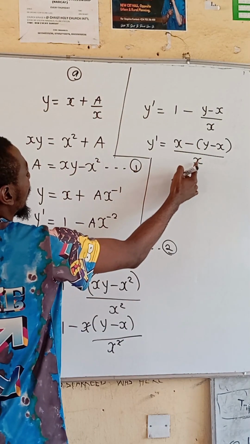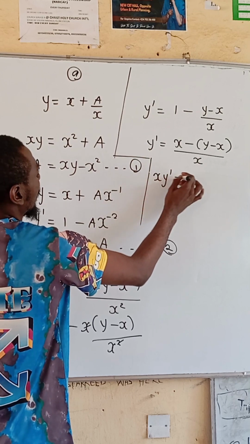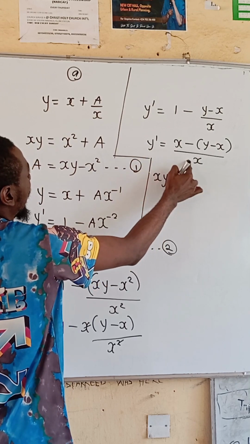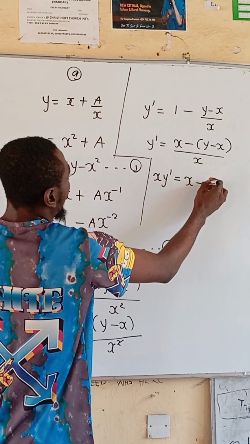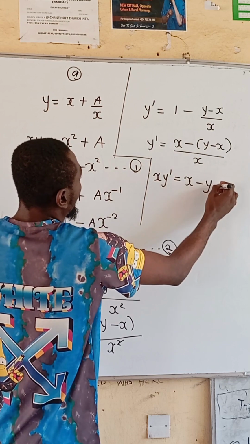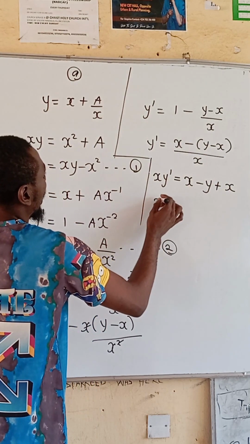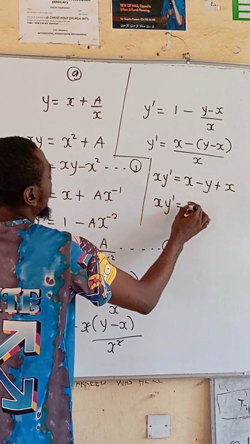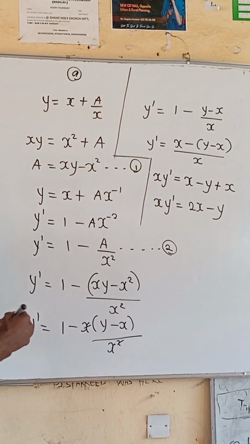So we have x times y prime is xy prime equal, that's cross multiply, x times y prime, then we have x minus times y is minus y, minus times minus x is plus x. So x plus x is 2x, so that we have xy prime is equal to 2x minus y.